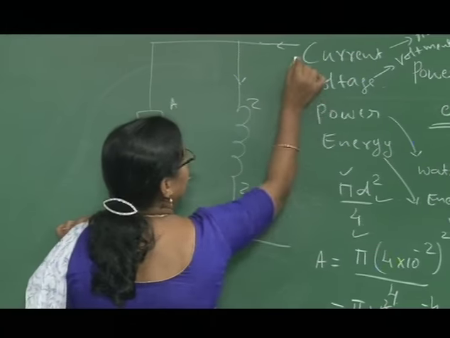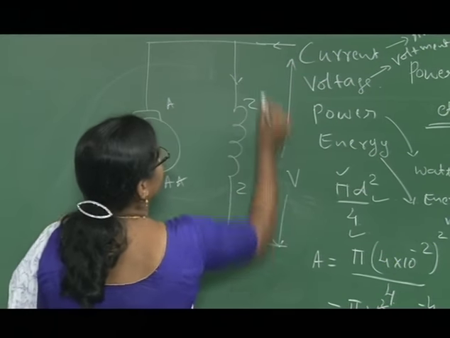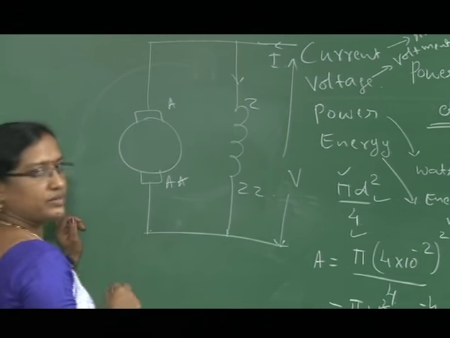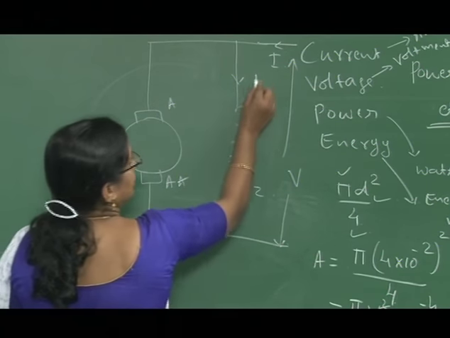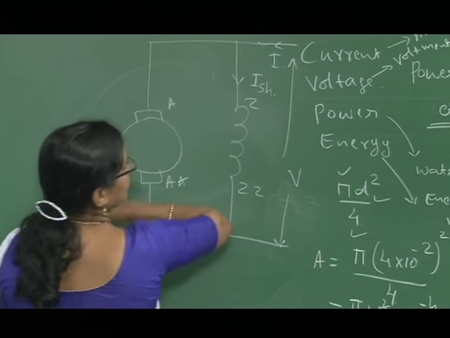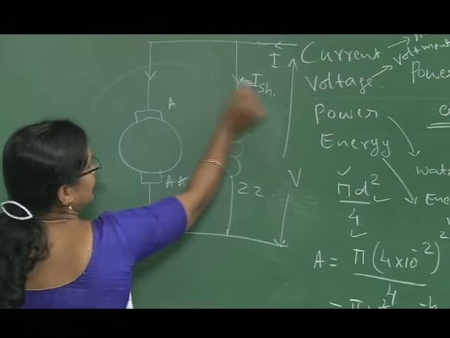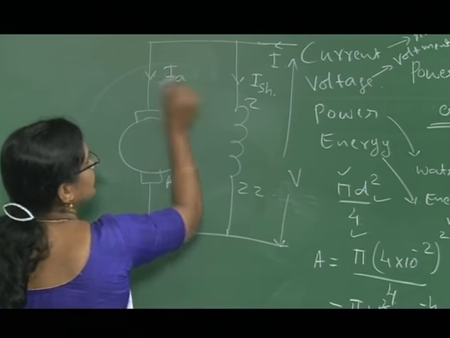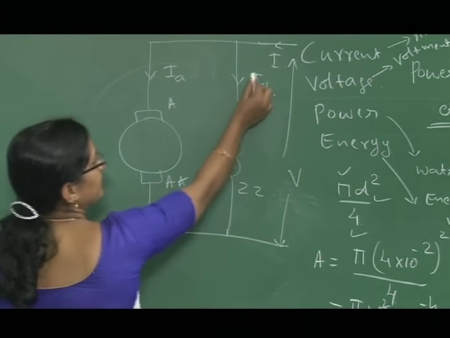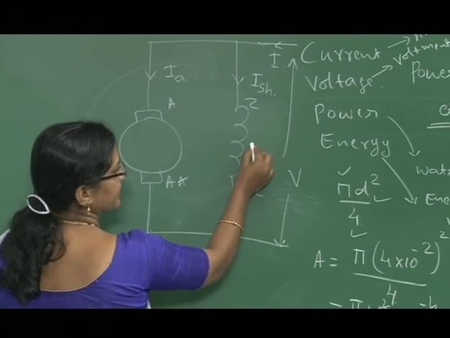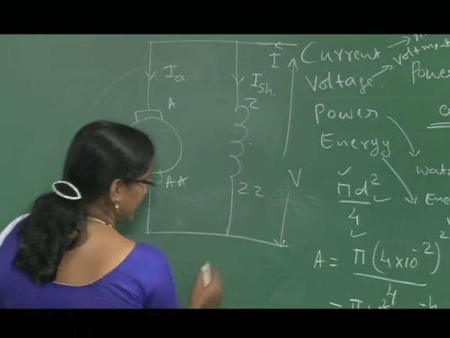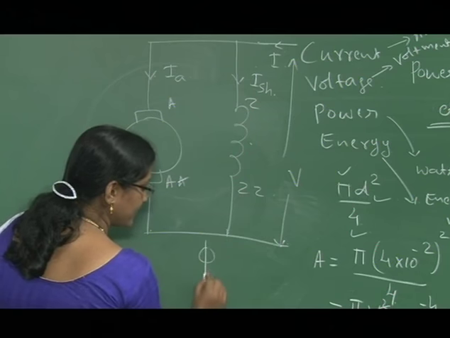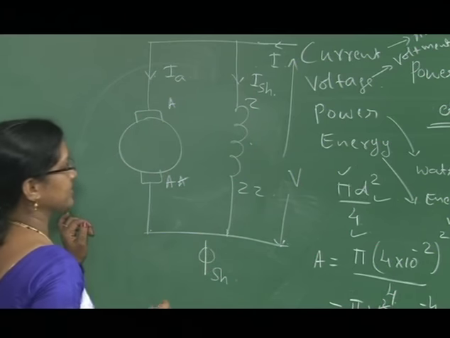When the supply is given, the current drawn by the motor is I, the current flowing through the shunt field is ISH, and the current flowing through the armature is IA. Since current flows through the shunt field winding, flux will be produced. That flux is phi sh.